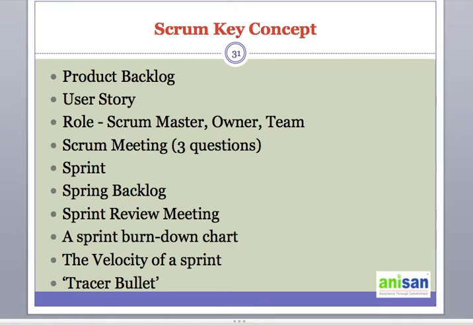And a sprint is nothing but an iteration, or a small part of the project. The sprint backlog is the requirements which we pick up in the sprint, and that's the place where we store them. It could be an Excel sheet also. In the sprint review meeting, post sprint execution, we review the progress and the result of the sprint.